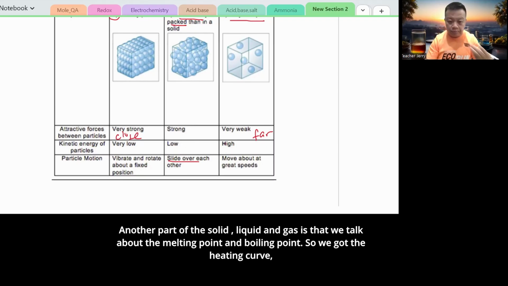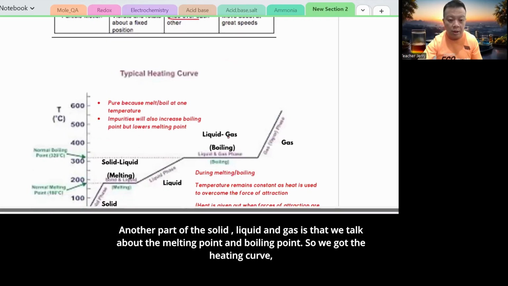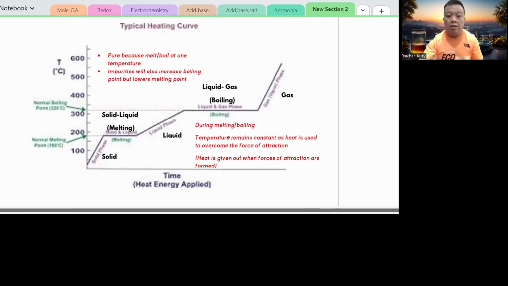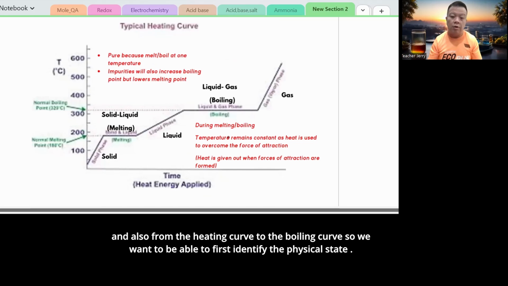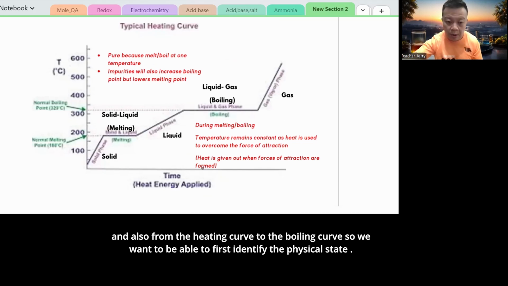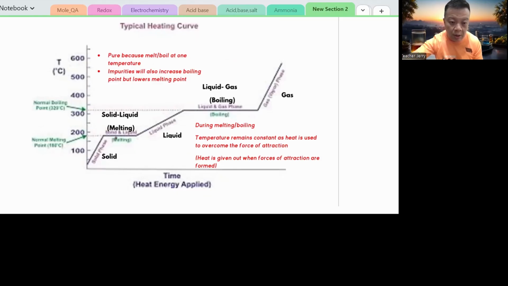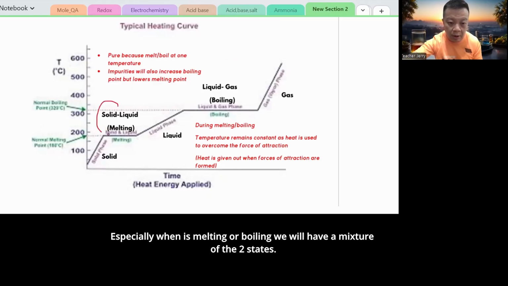Another part of solid, liquid, gas is that we talk about the melting point and boiling point. So we have the heating curve, and also from the heating curve we get a boiling curve. We must first be able to identify the physical states. Especially when it's melting or boiling, you will have a mixture of the two states.